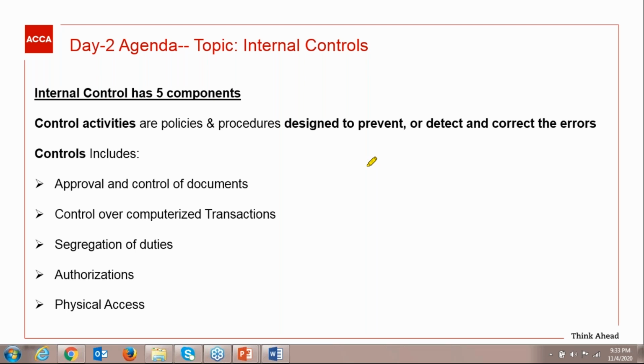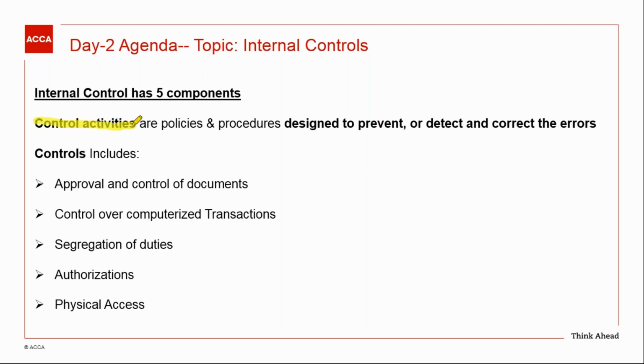Remember these two elements. Now we are going to study the next element, control activities: approval and control of documents, control over transactions, segregation of duties, authorizations, and physical access.